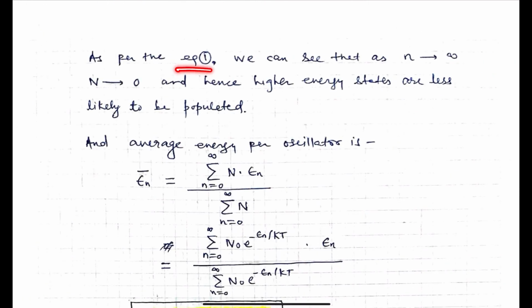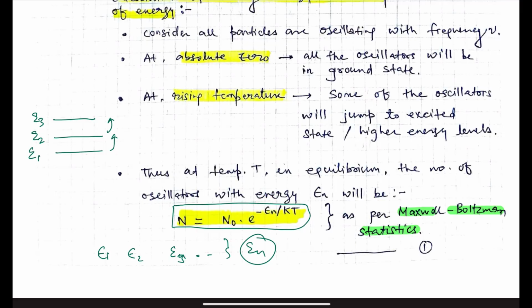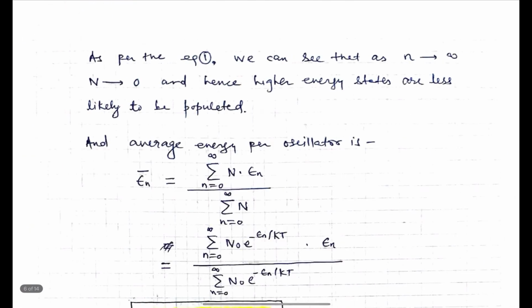So as per equation 1, we can see that as n goes to infinity, the total number of particles is going to 0. So let's see, it is a negative exponential. So it is pretty destined to happen that if you take n to be infinity, that is the energy level to be infinity, there would be 0 particles.